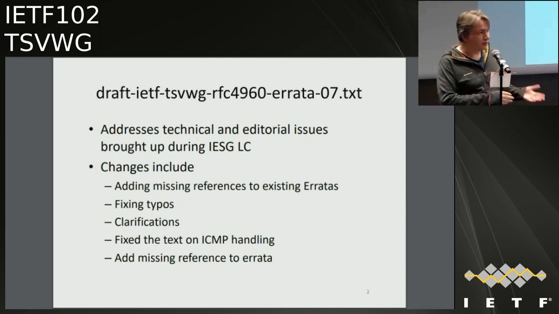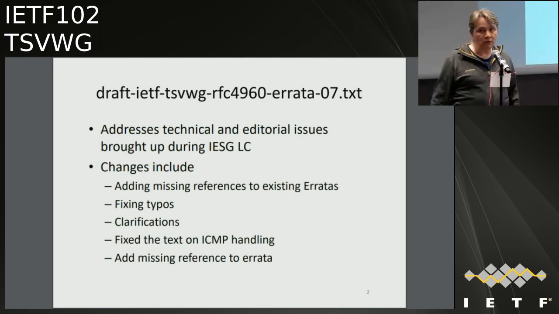So the sixth version addressed everything from the working group last call, and then the IESG last call was requested. The changes include text only giving references to the errata filed in the IETF errata system.